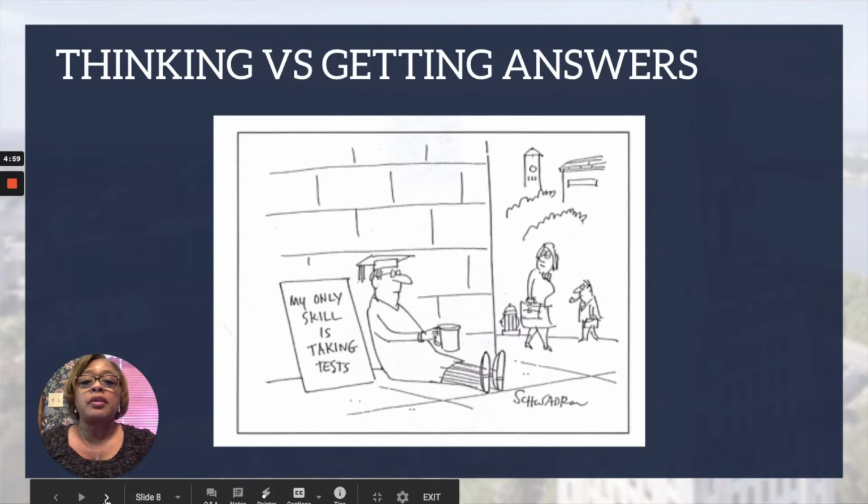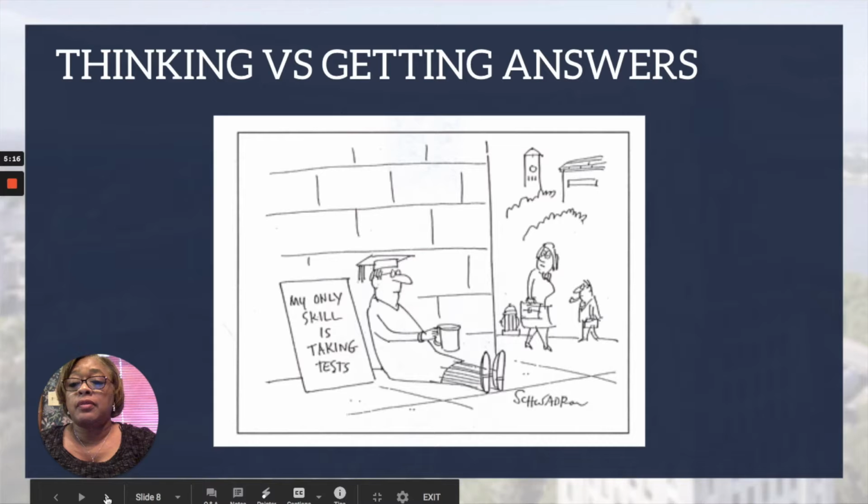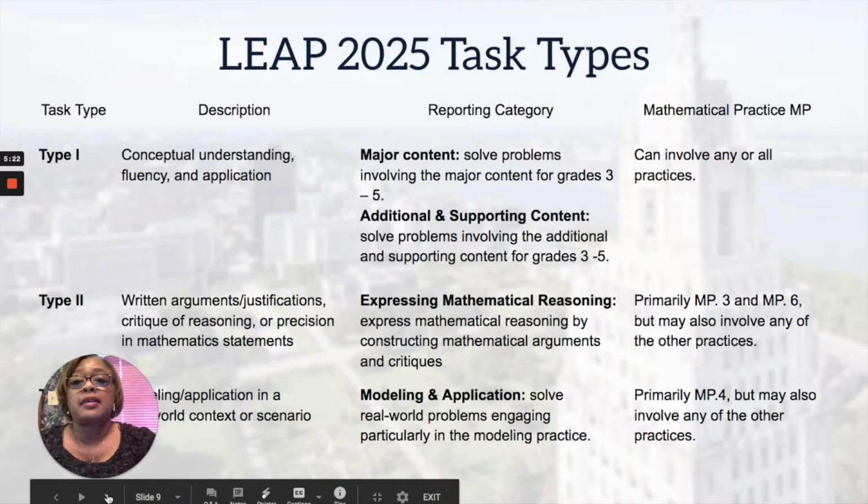Because we want students who are thinkers, not students who are skilled at using a formulaic approach to sometimes get the correct answer, and in most cases not get there. We want them to be able to use their thinking skills so that no matter what the situation, they can apply it and they can actually experience success.